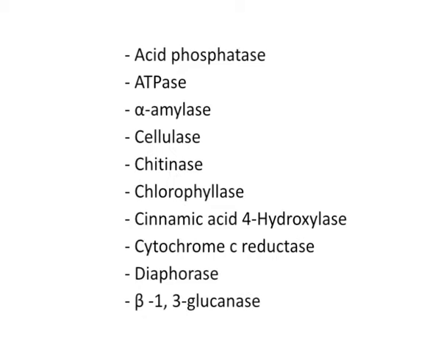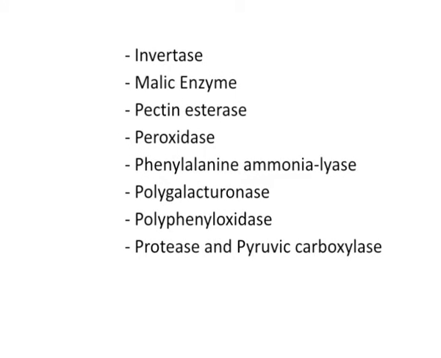Ethylene has been reported to induce a number of enzymes including acid phosphatase, ATPase, alpha amylase, cellulase, chitinase, chlorophyllase, cinnamic acid 4-hydroxylase, cytochrome C reductase, diaphorase, beta-1,3-glucanase, invertase, malic enzyme, pectin esterase, peroxidase, phenylalanine ammonia lyase, polygalacturonase, polyphenol oxidase, protease and pyruvic carboxylase, etc., by reducing the lag time or increasing the rate of enzyme activity.